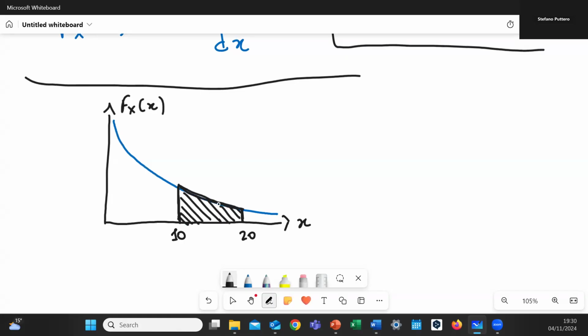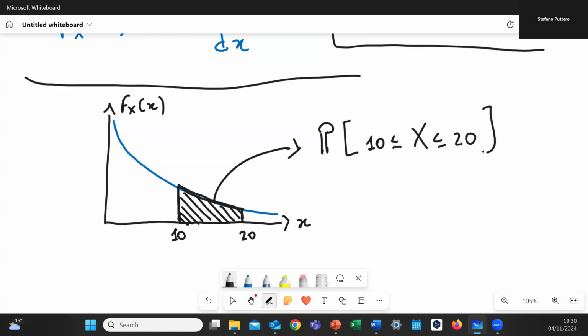So this is the probability that our random variable, which is continuous, is between 10 and 20. This is a graphical solution of our problem.